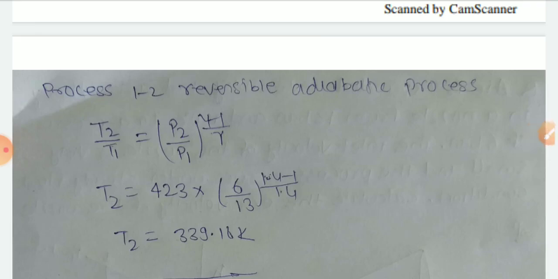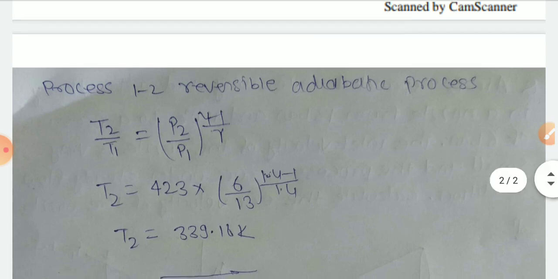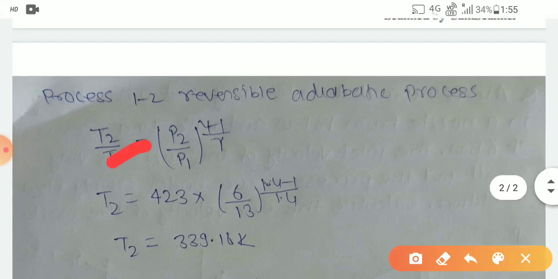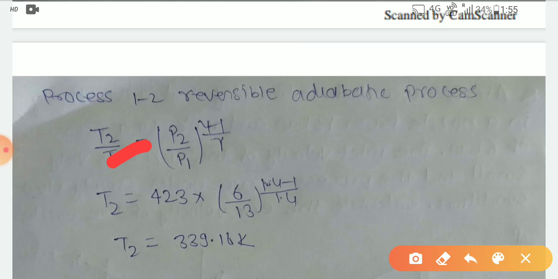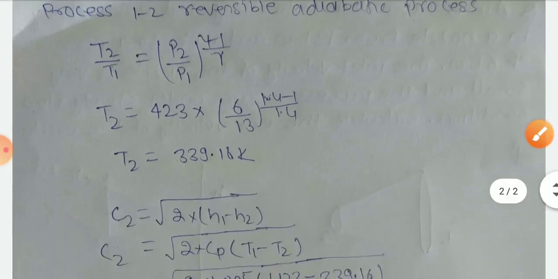So T2 by T1 is equal to (P2 by P1) to the power (gamma minus 1) by gamma. T1, P2 and P1 are given, so you can find T2 is 339.16 Kelvin.